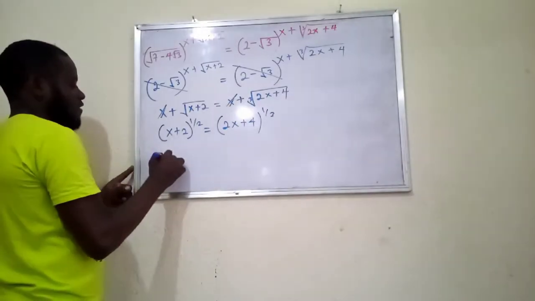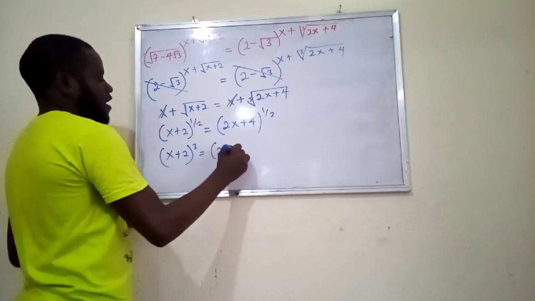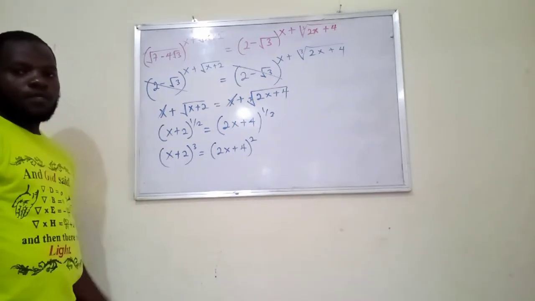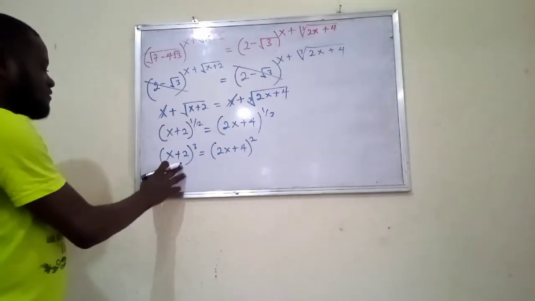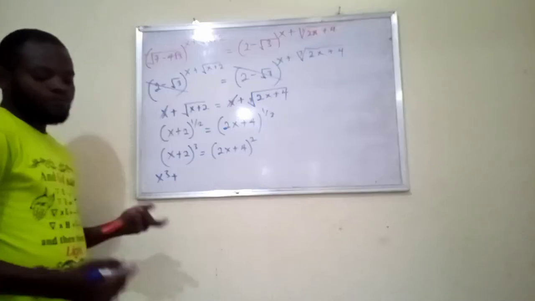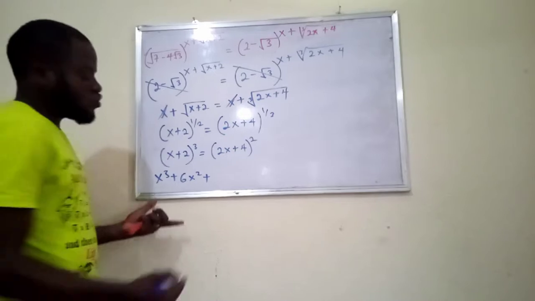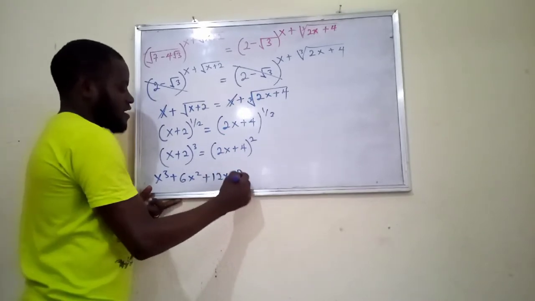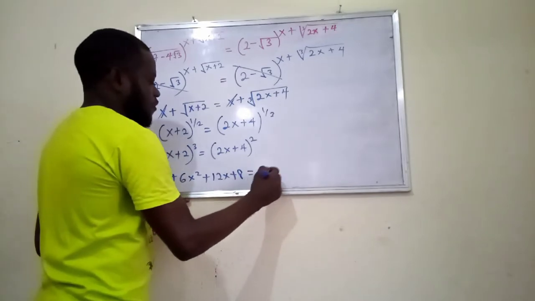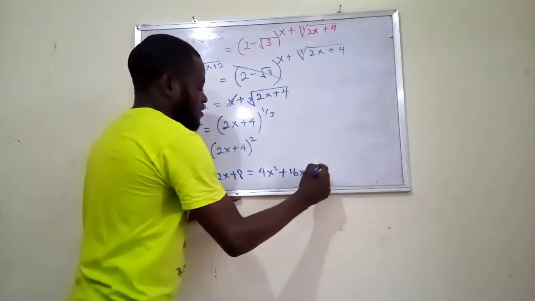Then I'm going to have (x plus 2) to the power of 3, and I will have (2x plus 4) to the power of 2. If I expand this, I'm going to have x cubed plus 6x squared plus 12x plus 8, and this will become 4x squared plus 16x plus 16.